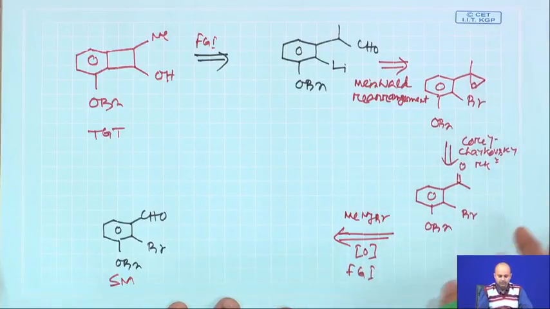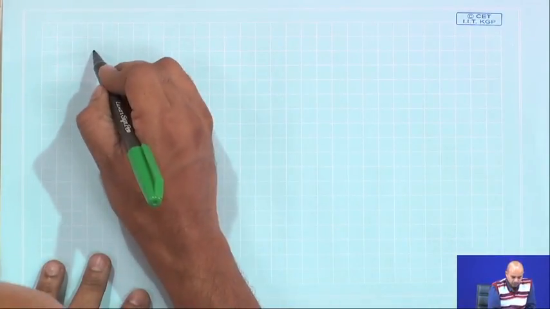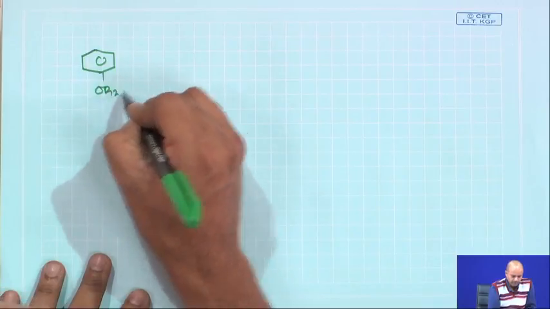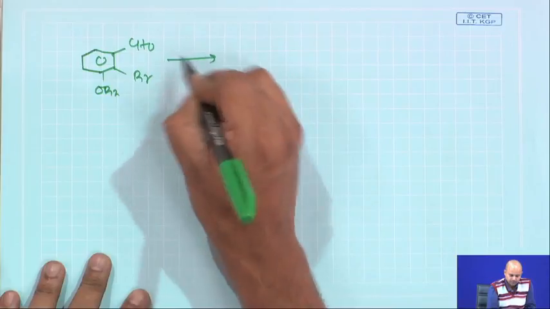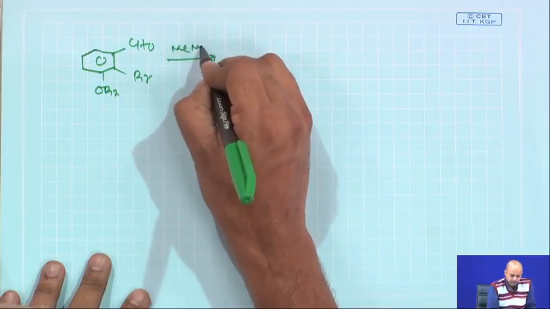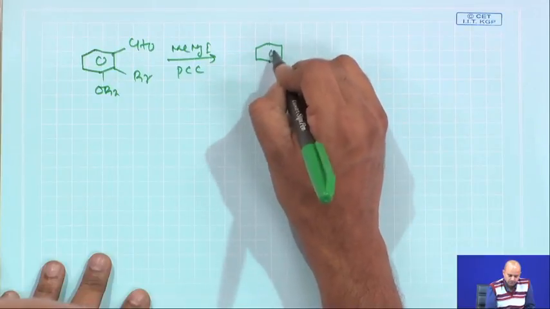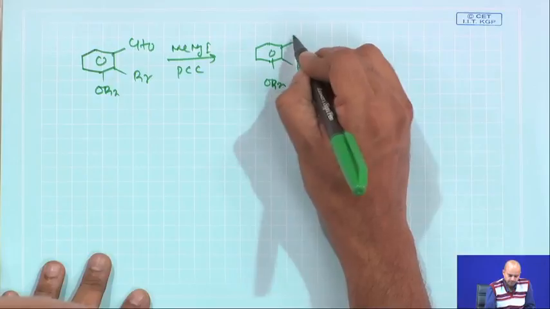So, in the formal pathway, we now do the forward pathway. We start from this compound OBN Br CHO, methyl magnesium iodide, I say PCC oxidation will end up with this ketone.